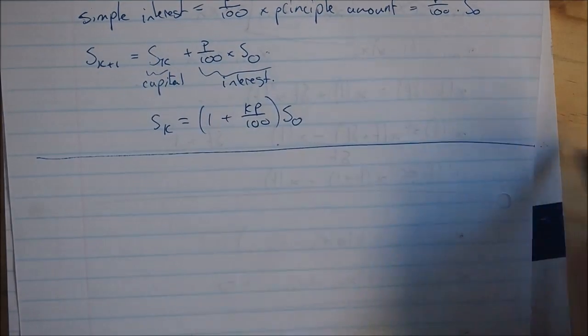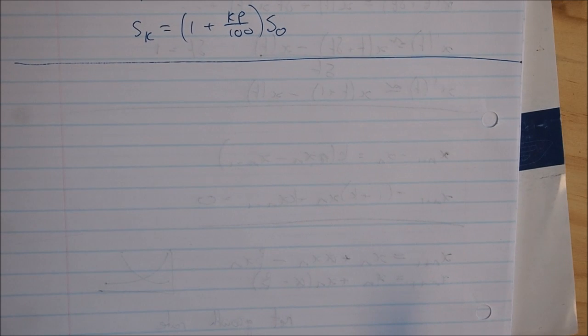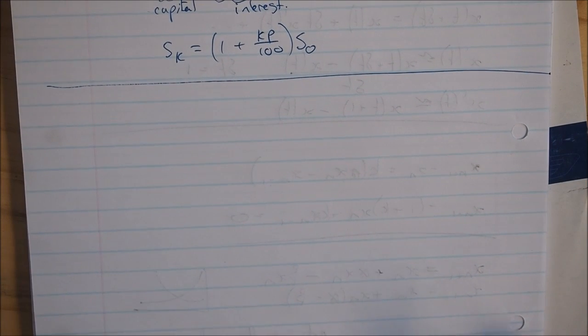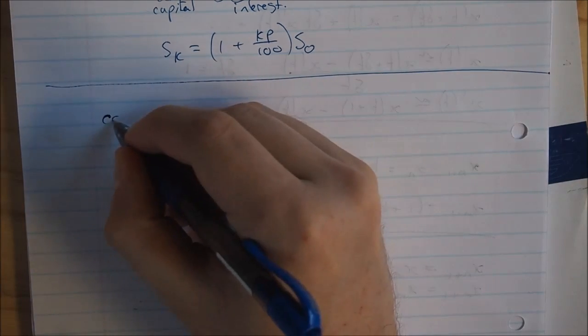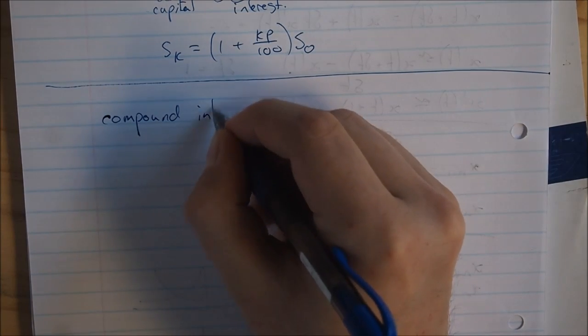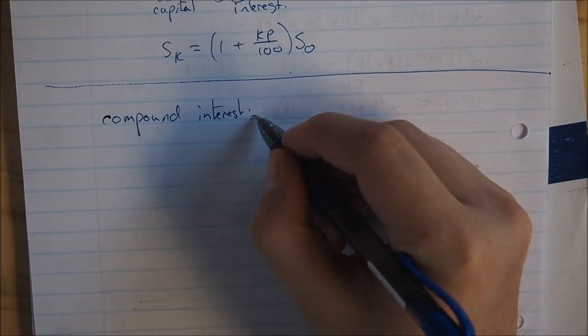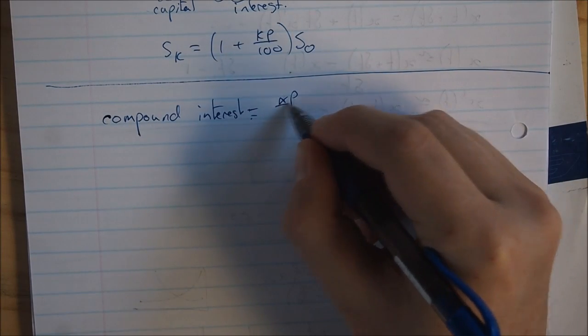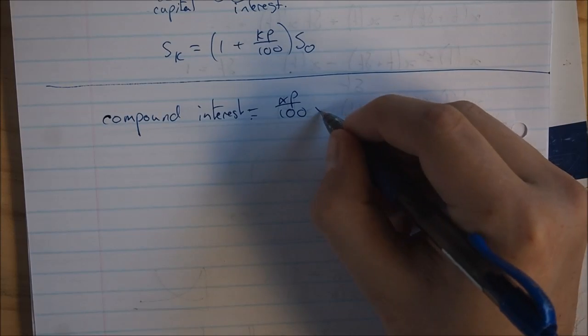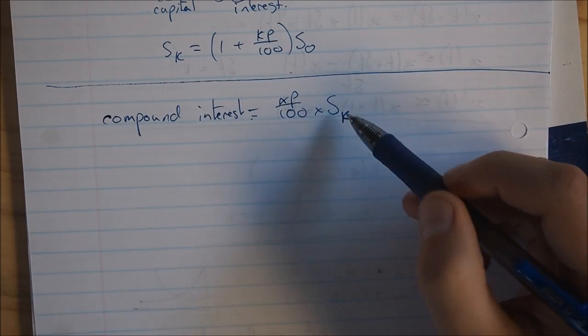Anyway, moving swiftly along, as I said, simple interest isn't very practical, isn't used, and so compound interest is certainly more common. So compound interest is going to be alpha P on 100 times the current Sk, where Sk is the current capital of your investment.